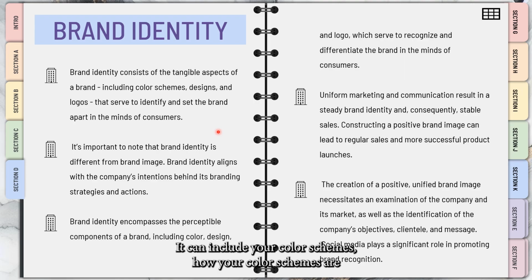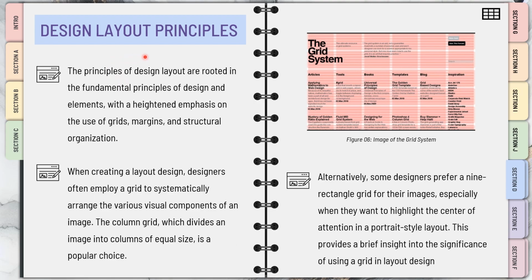It can include your color schemes, how your color schemes are in your designs itself, using different principles of design and elements of design, and your logo. It can go in your brand mission statement as well, and also how you market your brand to your customers. Create your brand identity.